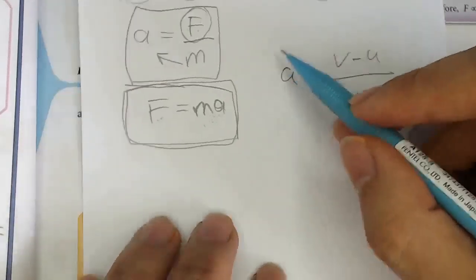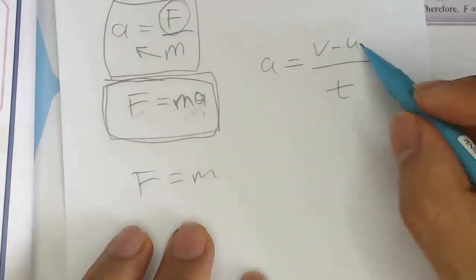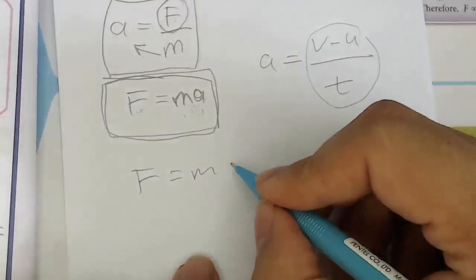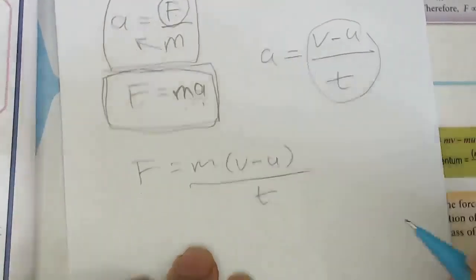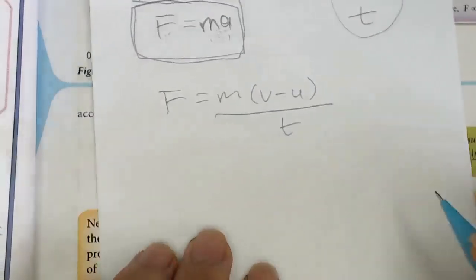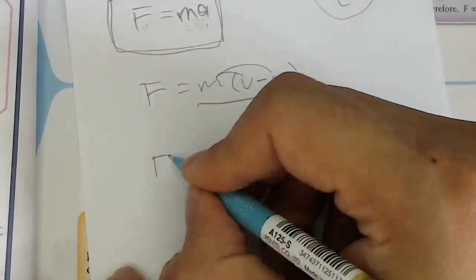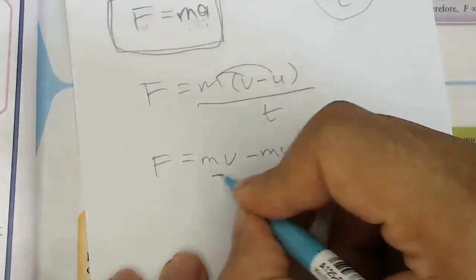Now if we change this a to this component, we will have m multiplied by v minus u over t, and then we expand the factor: mv minus mu divided by t.